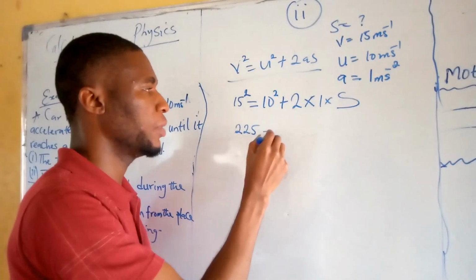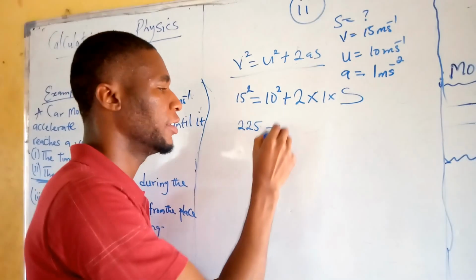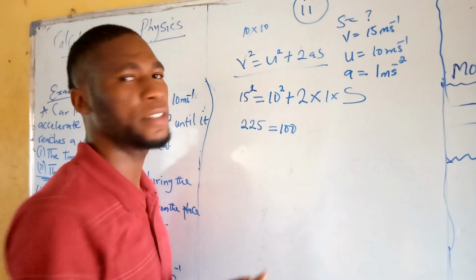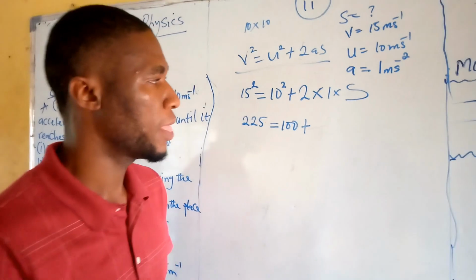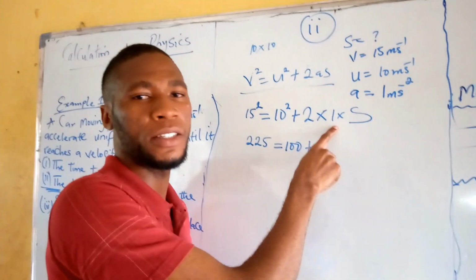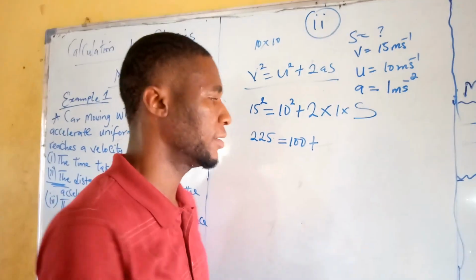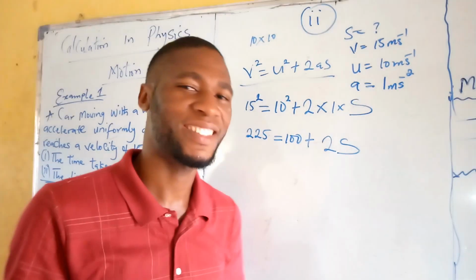Which is equal to 10 square, which is 10 times 10, which is 100. Plus 2 times 1 is going to give us 2. So 2 times s is going to give us 2s.